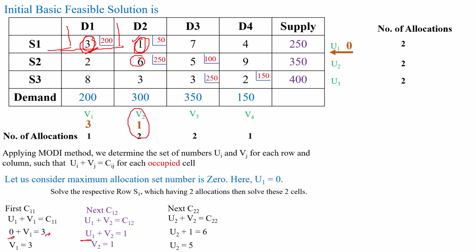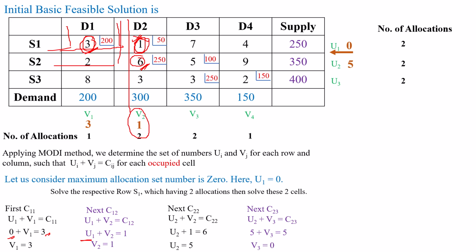Observe the D2 column allocations; the first we already solved, so we solve this one, the second row and second column, C22. So u2 plus v2 equal to C22. The C22 value is 6 and v2 is 1. Substituting in this relation, we get u2 as 5.